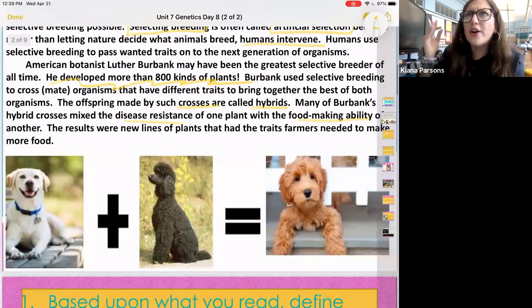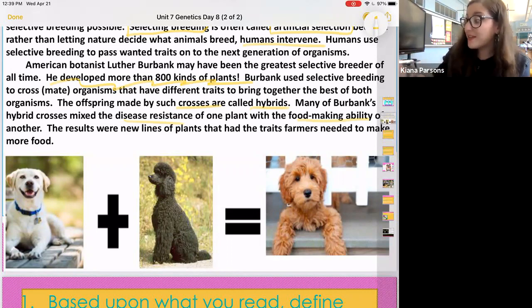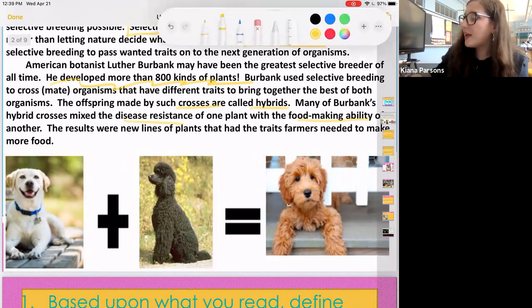But it's kind of hard to imagine plants that were crossed together to create foods that we eat right now. For example, many different plants, including broccoli and kale, actually come from a mustard plant. But that can be hard to visualize. But something that you may have seen in real life already is this hybrid animal.